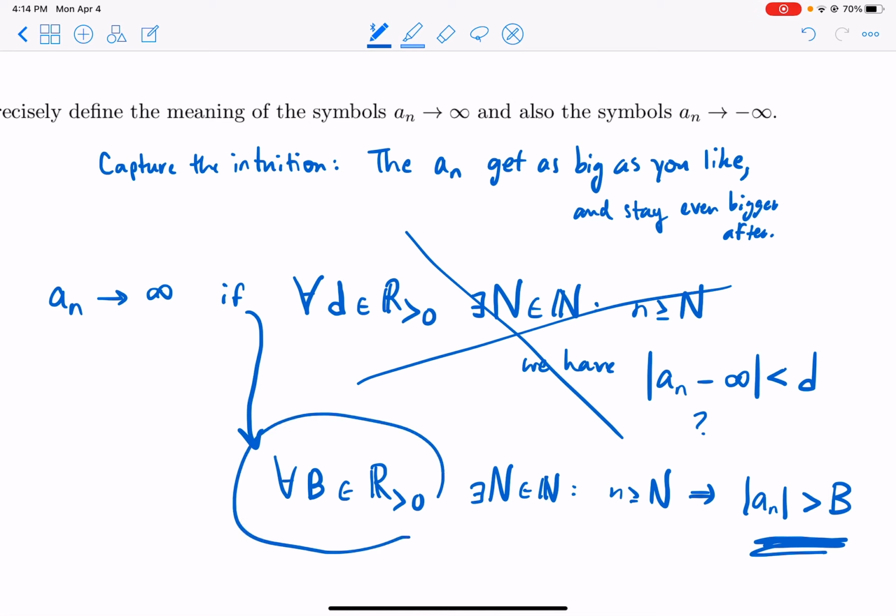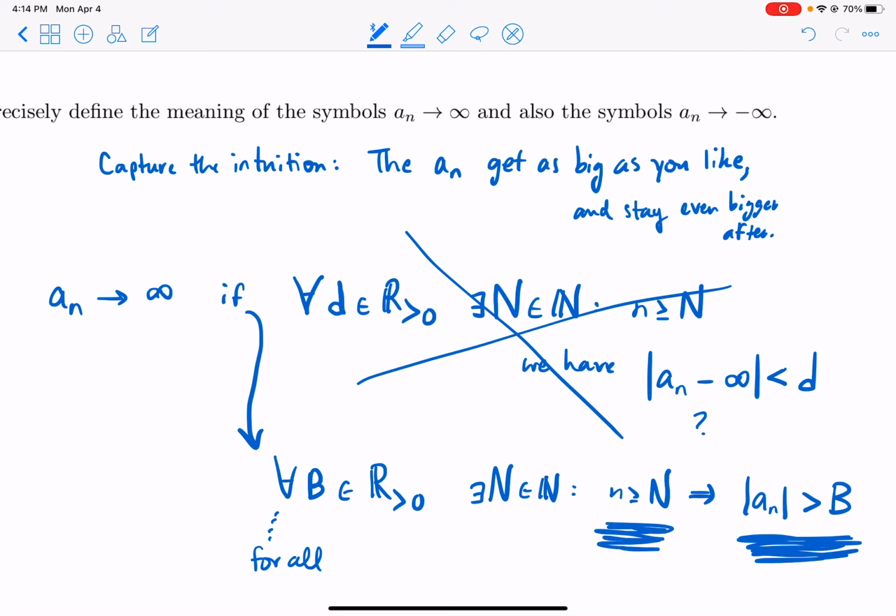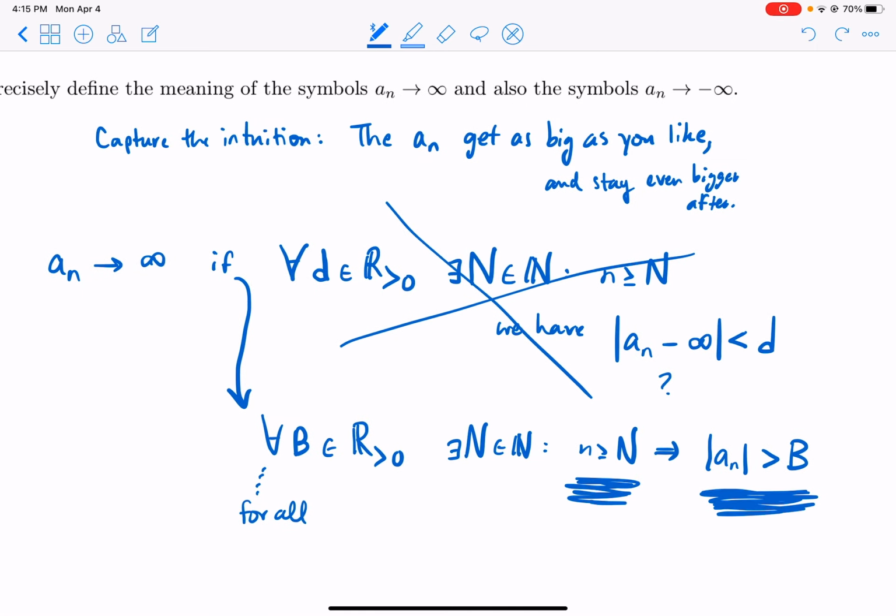So as big as you like, it has to hold for all b. This means for all positive numbers, the a sub n's will be that big and even bigger, and they will stay that big. Okay, so for all b, there is a cutoff that if you go past that cutoff, the a sub n's are that big and even bigger. That's the idea. This is sort of a precise definition.